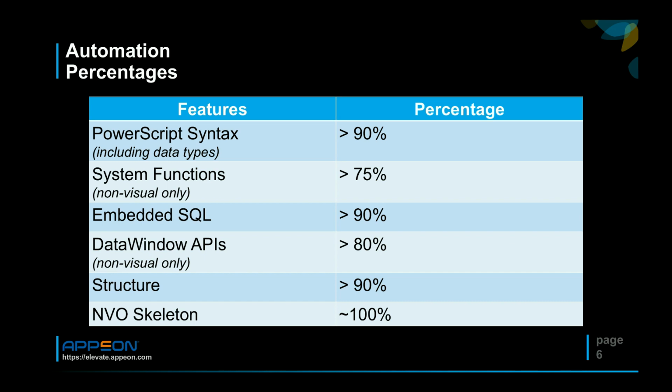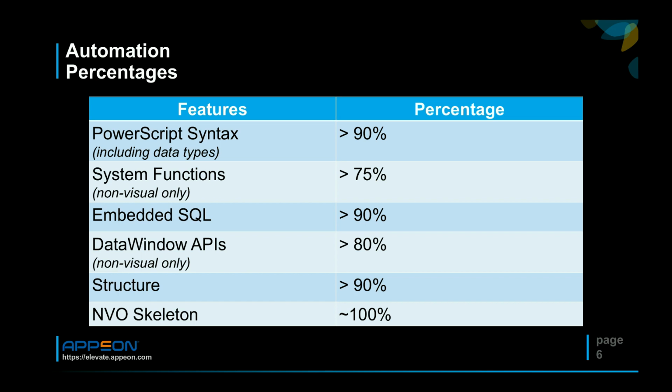So, your mileage may vary, but we think you should be able to achieve at least 90% automatic conversion of PowerScript syntax. So again, keep in mind we're doing non-visual business logic, not PowerScript manipulating a user interface control or so on.